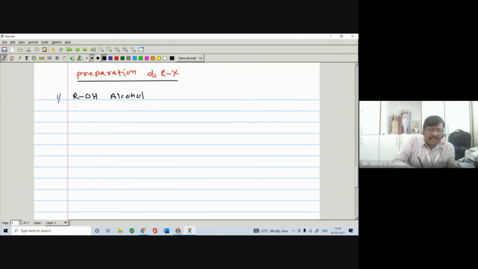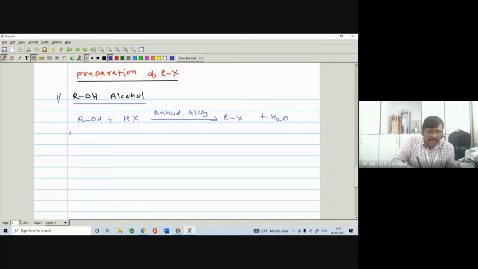We have to replace OH by X. So alcohol, when treated with HX, hydrogen halide, in the presence of anhydrous AlCl3, this OH is replaced by X, and you get the corresponding alkyl halide plus water, H2O.